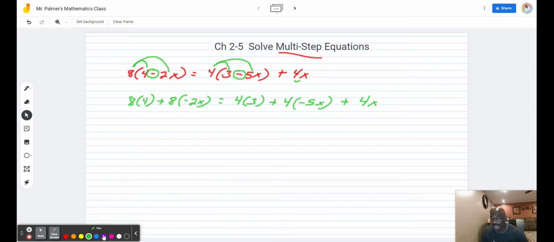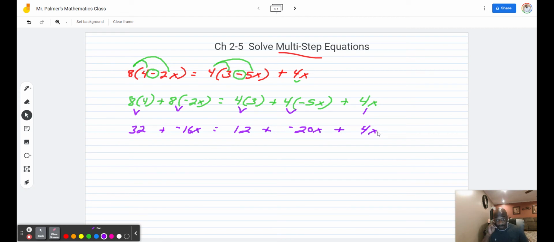All right, what do we do now? Multiply, multiply, multiply, multiply, bring it down. So this is going to be 32 plus a negative 16x equals 12 plus, this is a plus, negative 20x plus 4x.